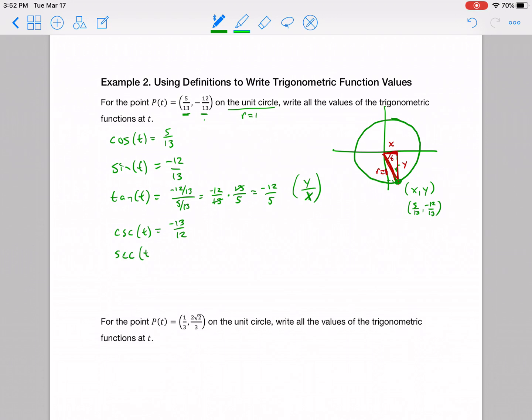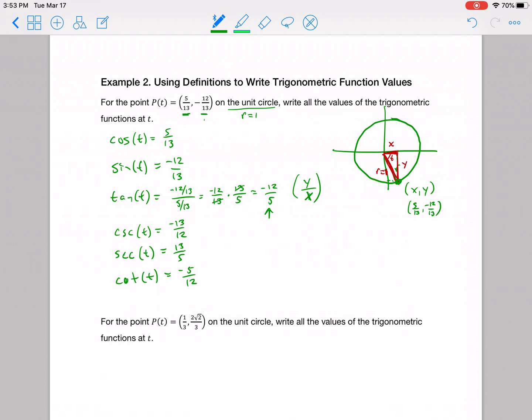Secant is the reciprocal of cosine, so it's the reciprocal of 5/13 or 13/5. And then cotangent is going to be the reciprocal of tangent, which means it's just going to be -5/12, because we just have to take the reciprocal of that right there.